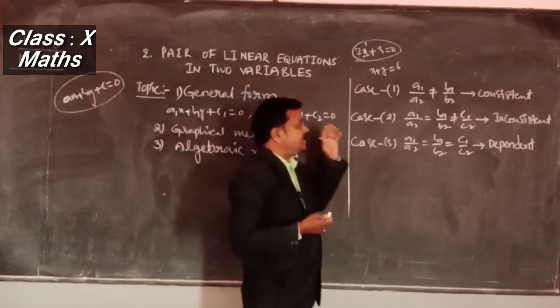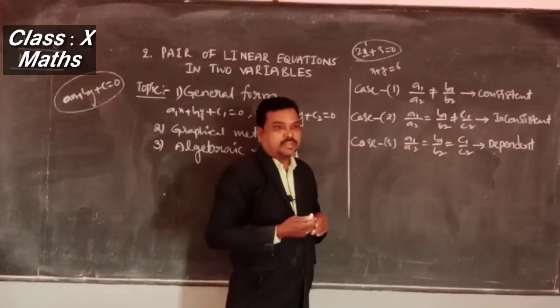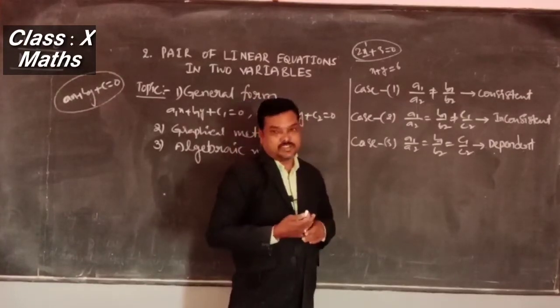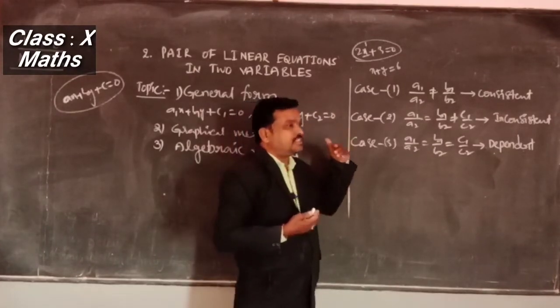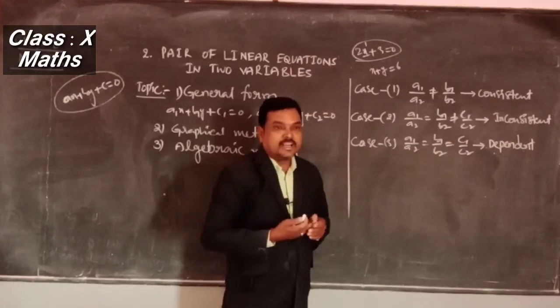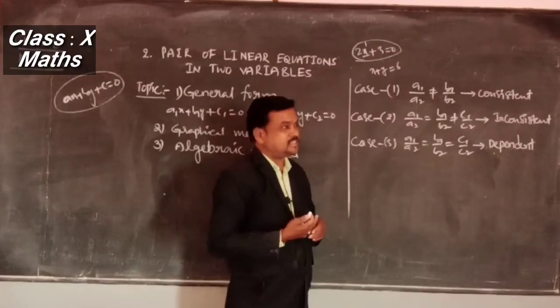Now, when we are given two linear equations, three situations are possible. According to the comparison of ratios, we can decide whether the linear equations are intersecting lines, parallel lines or coincident lines.